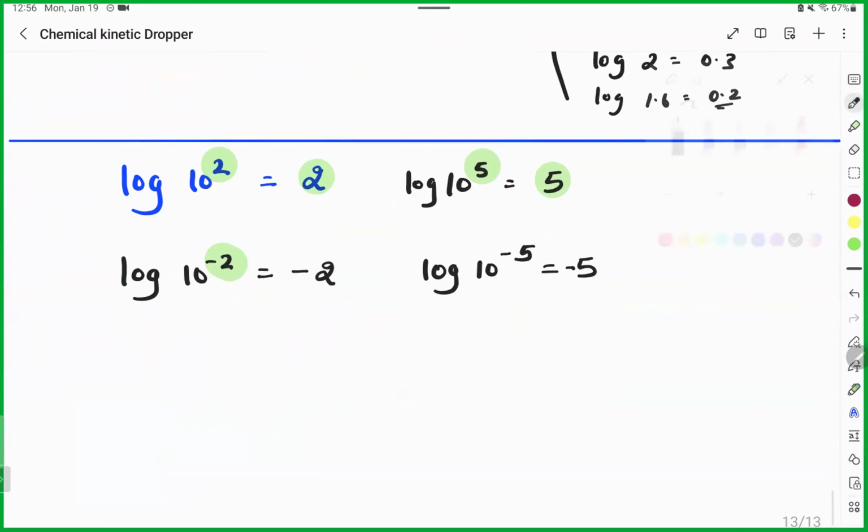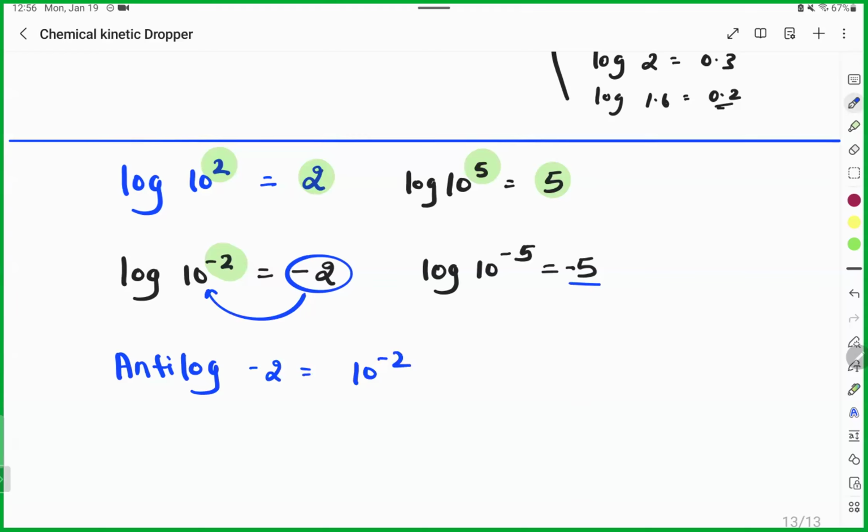In the same way, if you take the anti-log of this minus 2 value, what will it be? It should be 10 raised to power minus 2, the reverse. If you take the anti-log of minus 5, it will be 10 raised to power minus 5. Anti-log of 5 is 10 raised to power 5, anti-log of 2 is 10 raised to power 2. Make sense, guys? Yes, sir.